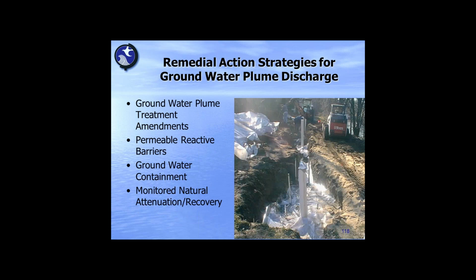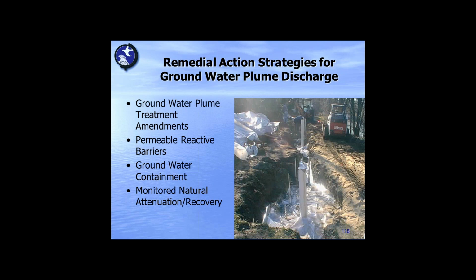Groundwater containment can include physical or hydraulic barriers to prevent or reduce discharge of surface water. These technologies also have to consider groundwater recharge of wetlands in their monitoring programs. Permeable reactive barriers can include zero-valent iron, enhanced biological degradation, or other technologies.